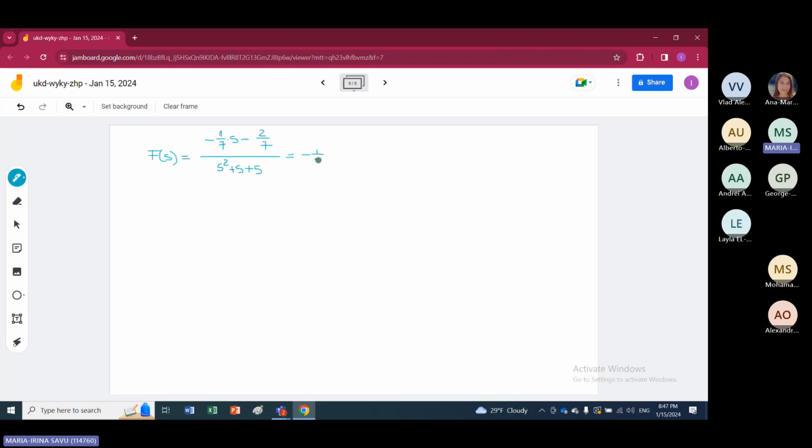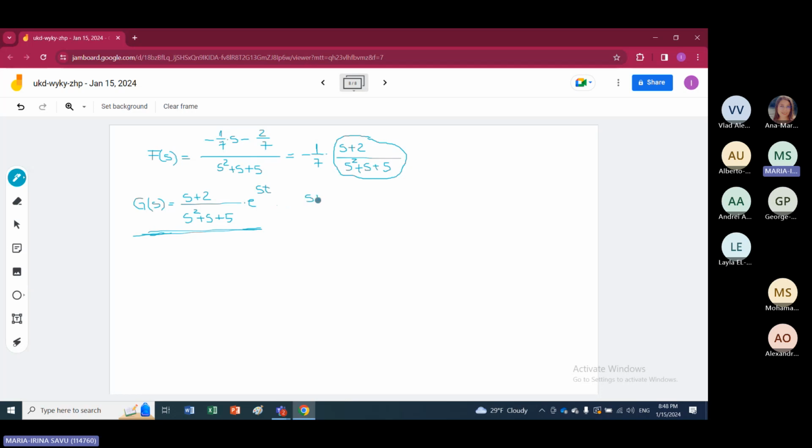And I have a minus 1 over 7 here times s plus 2 over this one. Let's take this function and multiply by e at st. And for this one, we must apply the Mellin-Fourier formula.